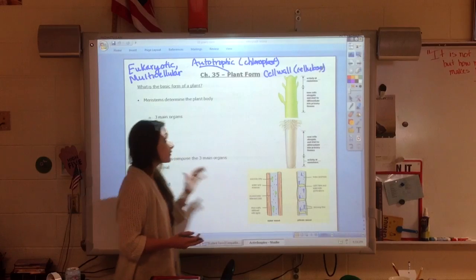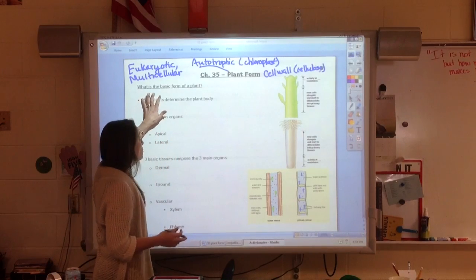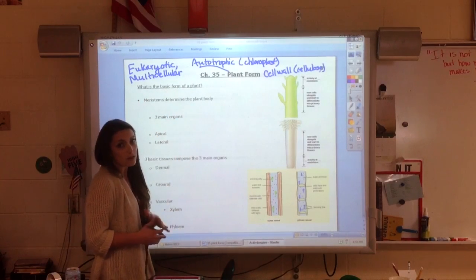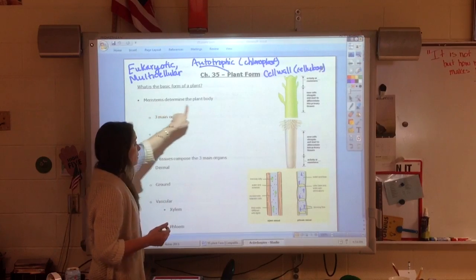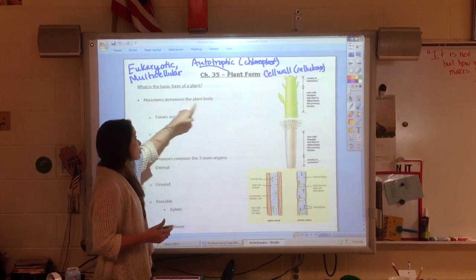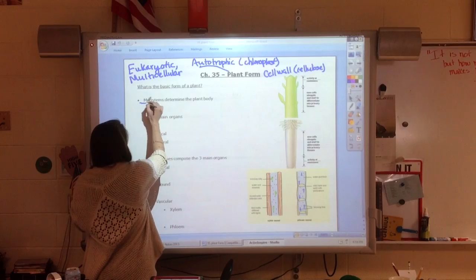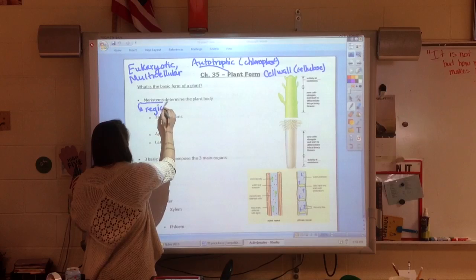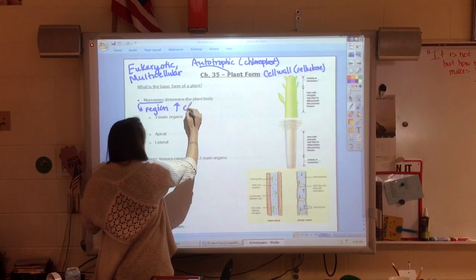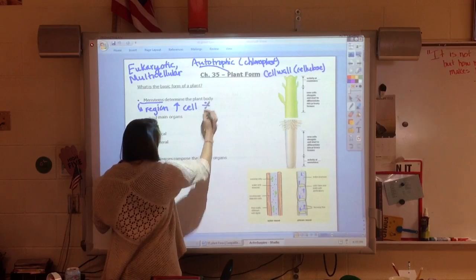What we want to start with first is what really is the most basic form of a plant. What makes an organism a plant? It turns out that the plant's body is actually determined by a region called a meristem. A meristem is a region of increased cell division.